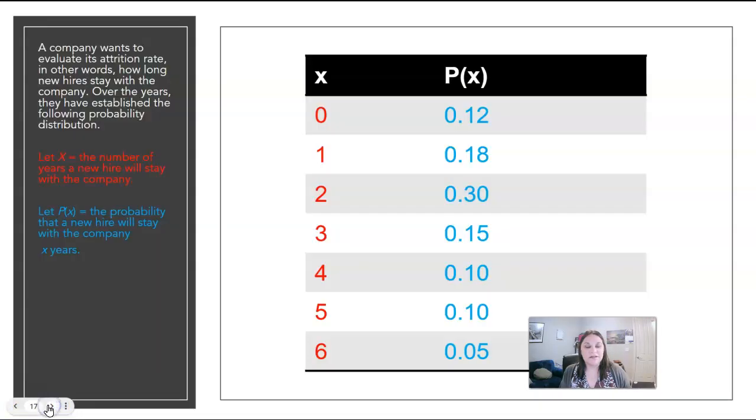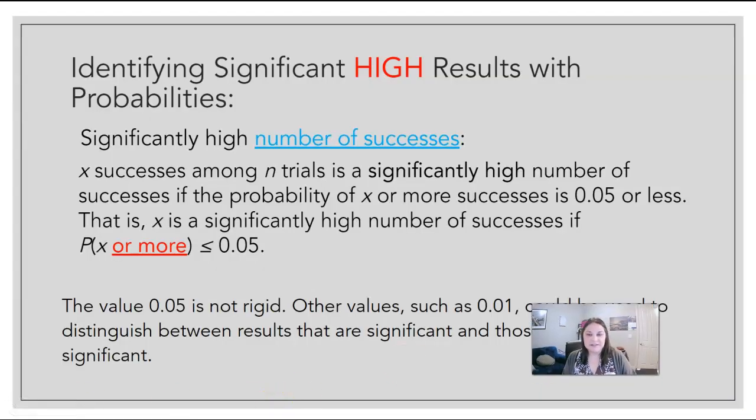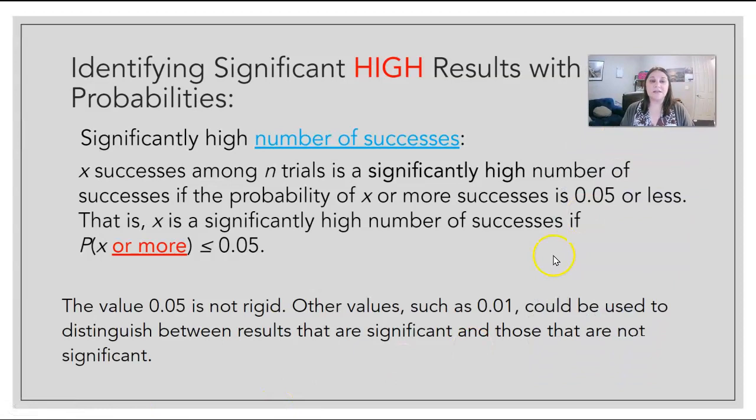You saw me flip through these slides. I will have the slides outside of the video for you to go back and forth with. I don't like my videos to go much longer than 10 minutes, so this is just something for you to consider, nothing that I'm going to do anything with right now. So let's get to this last bit, the idea of having significantly high results, dealing with probability.